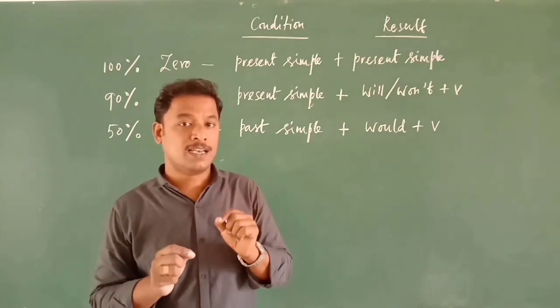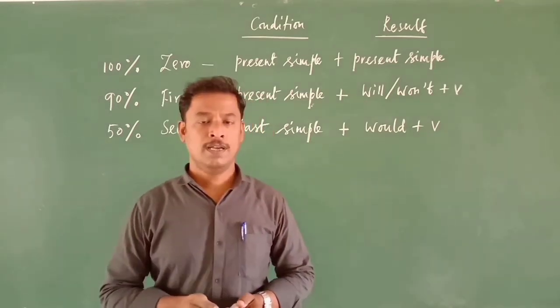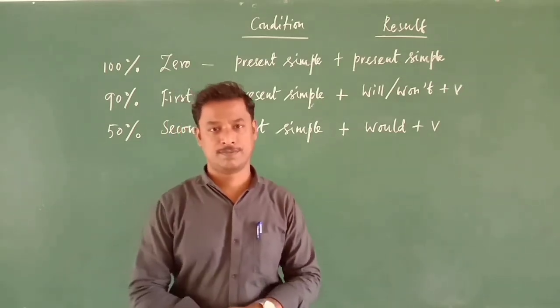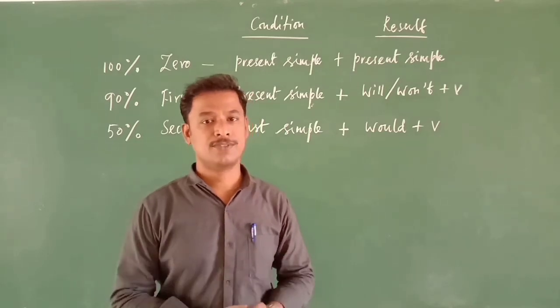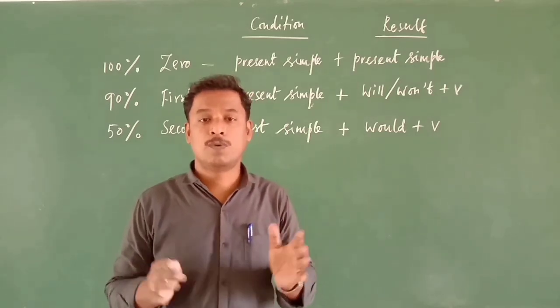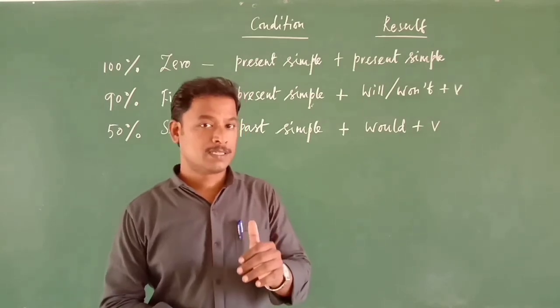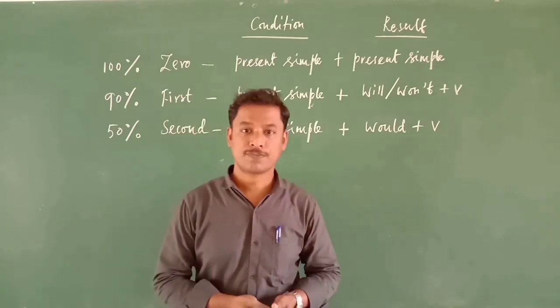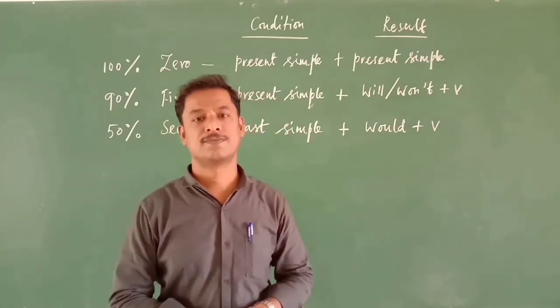Whereas if I say it like this, look at the next example. If I had wings, I would fly all over the world. Analyze this sentence. Will this situation happen in future? Is there a chance to have wings?